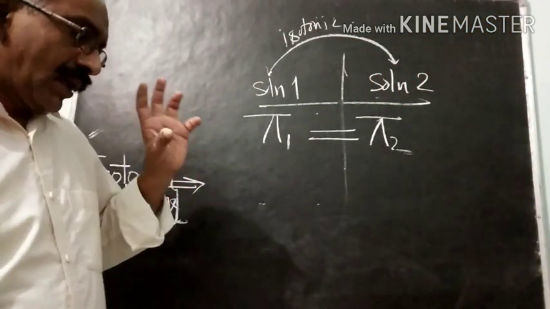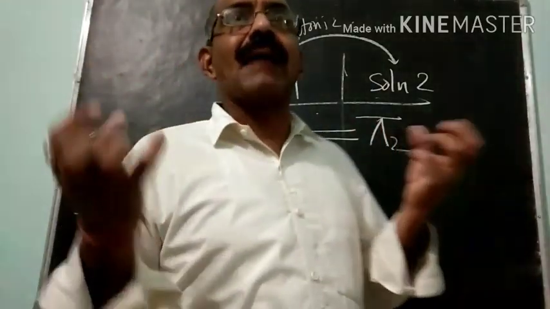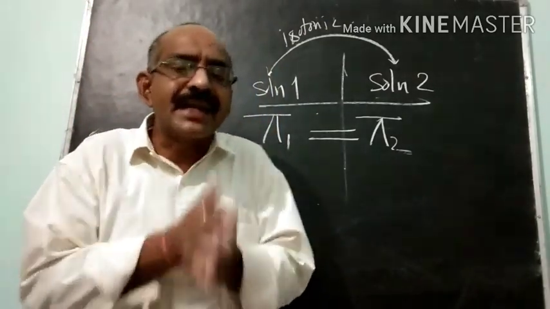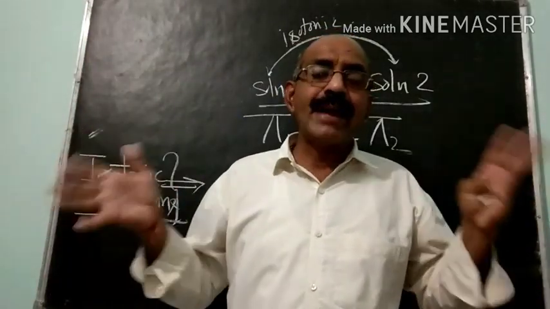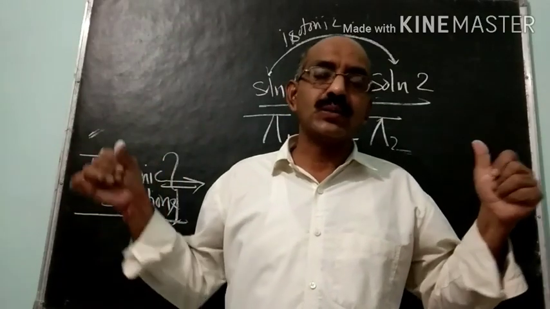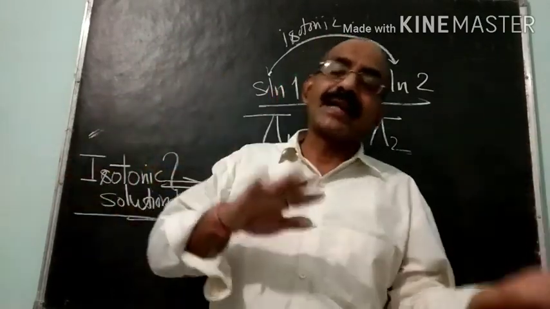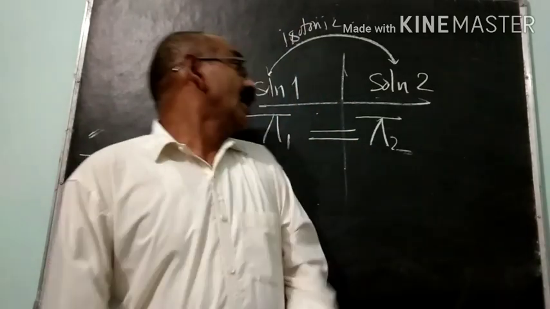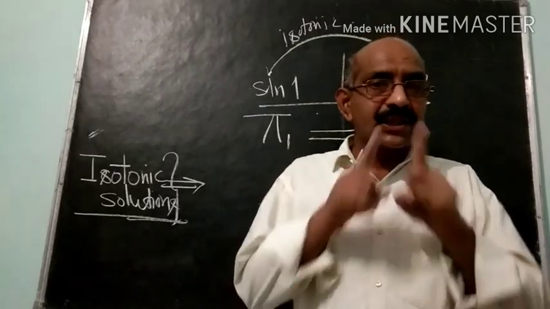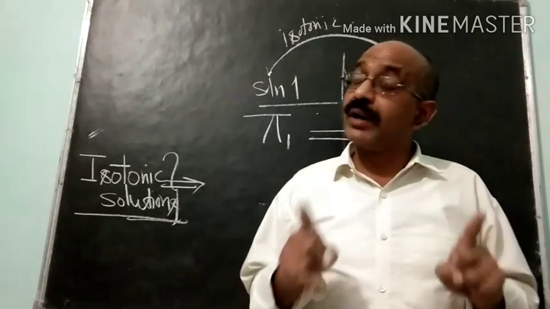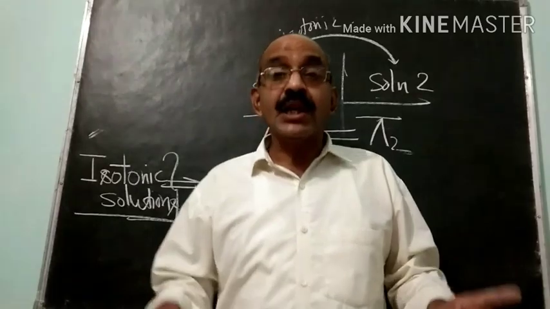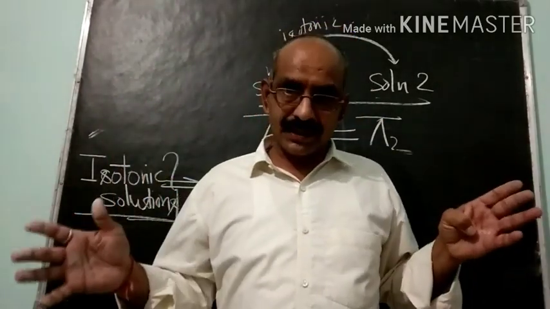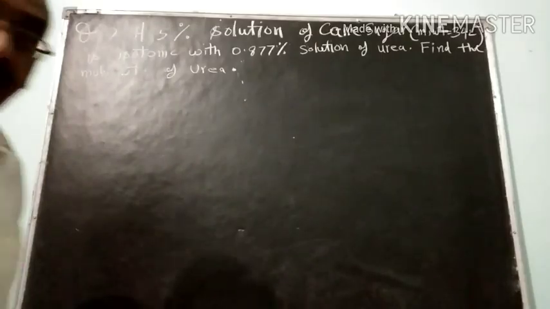Remember, isotonic solutions also have the same concentration, and in isotonic solutions there is no net movement of solvent particles from one side to the other side through a semi-permeable membrane. Is it clear?